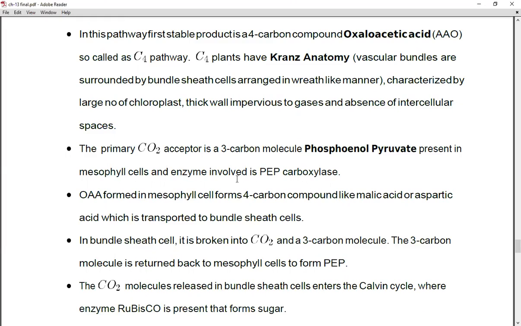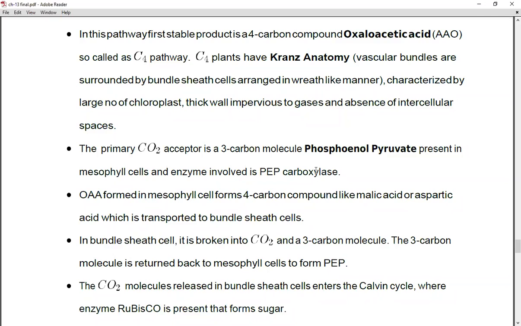The enzyme involved is PEP carboxylase, that is, phosphoenol pyruvate carboxylase.